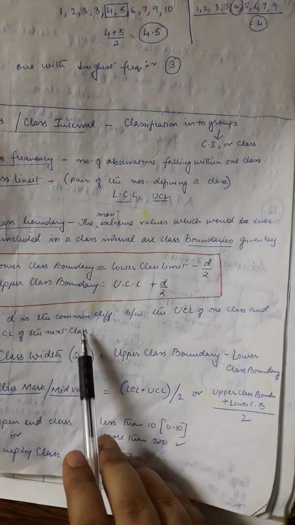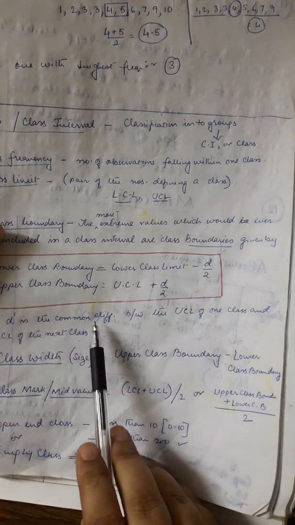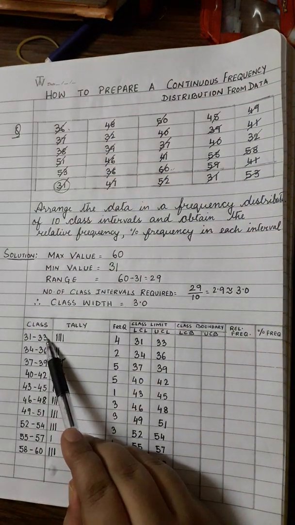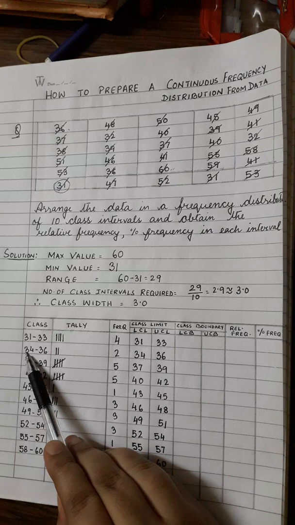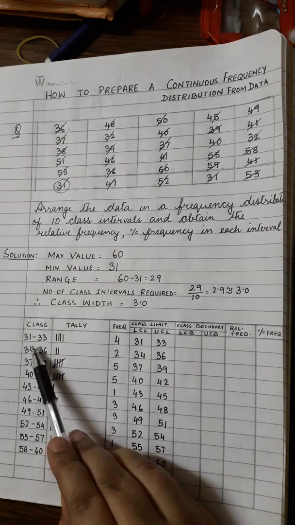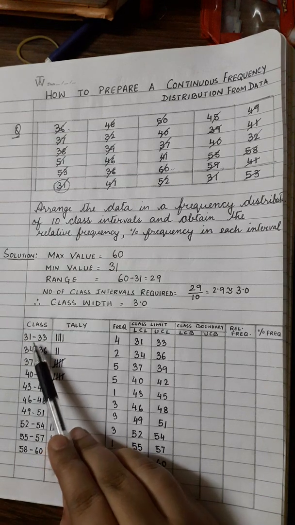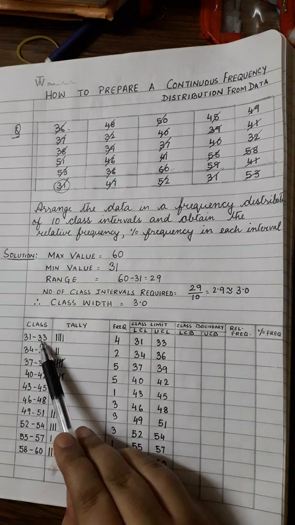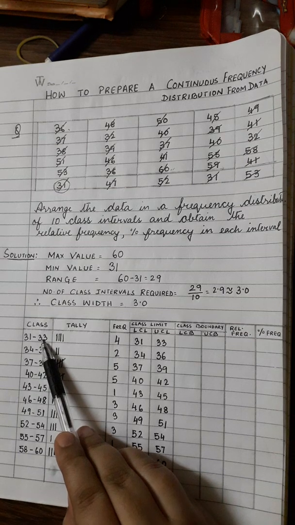So here in this case, we have the difference between 34 and 33. The value is coming to be 1. So the d value is equal to 1. So d by 2 will come to be 1 by 2, that's equal to 0.5.